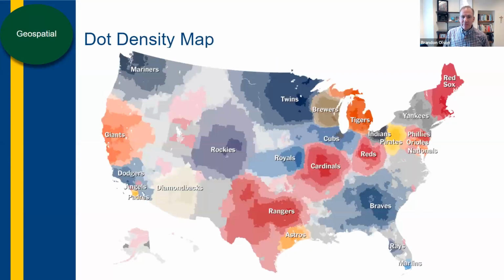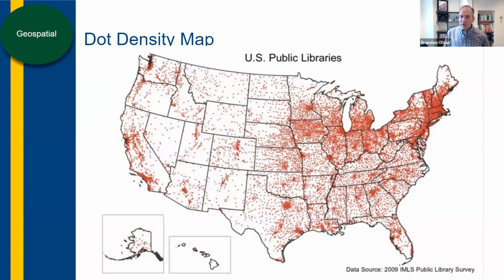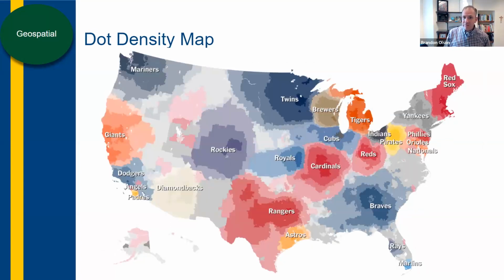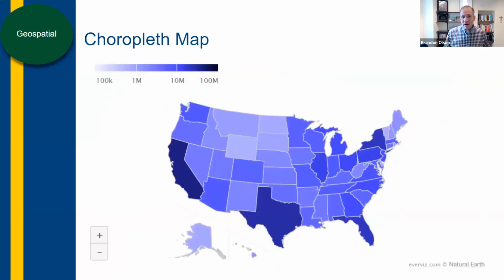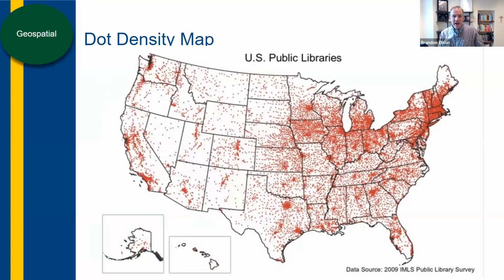The population map is a very common way to use geospatial data, but it really depends on what you're measuring. So this one's measuring libraries. Libraries may be somewhat related to population, but it's really not a measure of population. And same for the baseball map, that's not necessarily representative of population. So I think there are some population influences, but it really depends on what you're measuring.